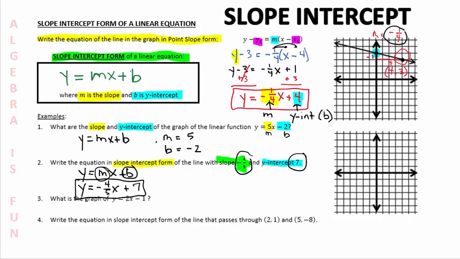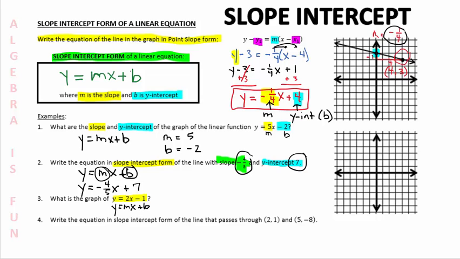Easy as that. Alright, example 3: what's the graph of y equals 2x minus 1? So remember, when I look at the equation y equals 2x minus 1, this is in the form of y equals mx plus b.